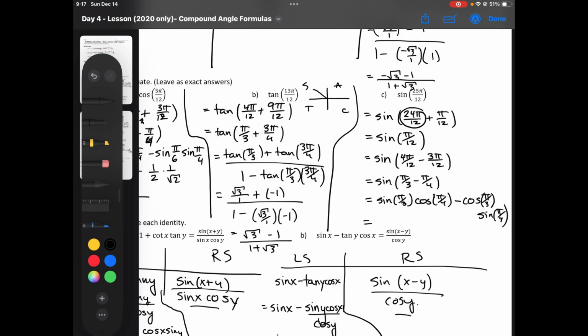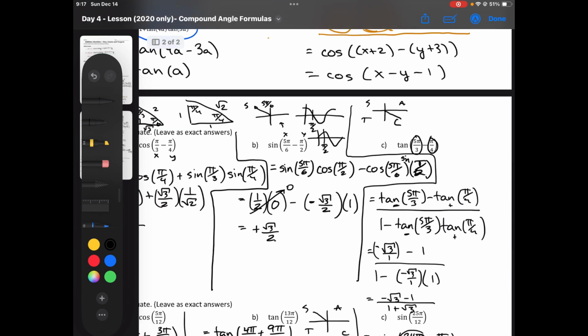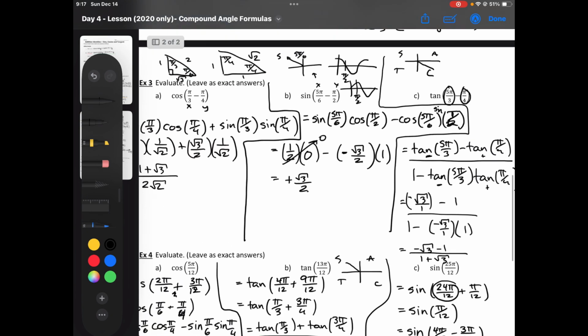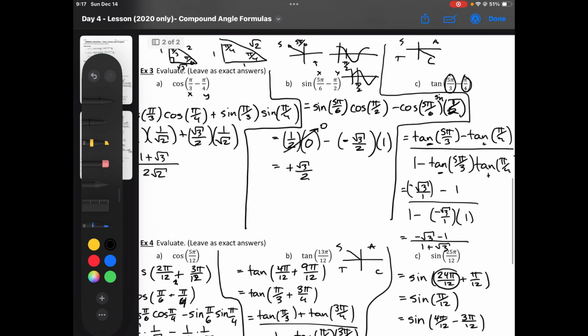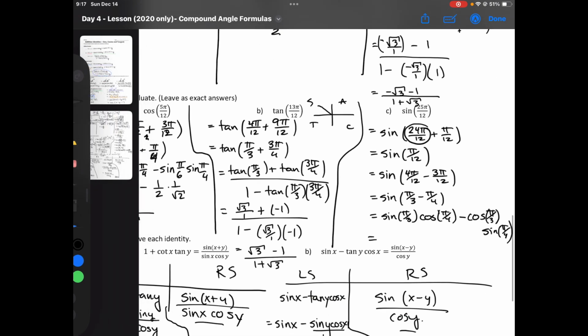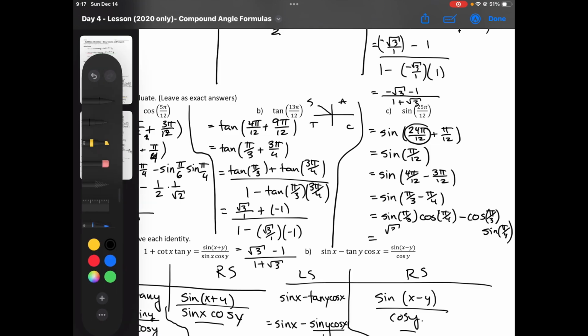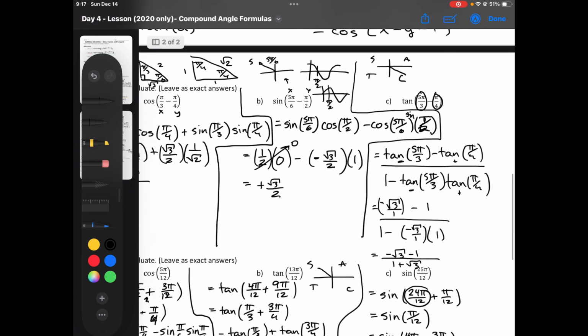So these angles are all in my first quadrant, so they're all positive, and then I can evaluate using my special triangle. Sine of pi over 3 is root 3 over 2. Cos pi over 4 is 1 over root 2.